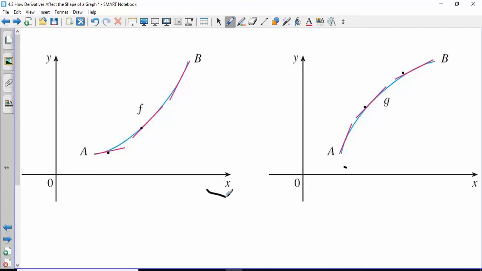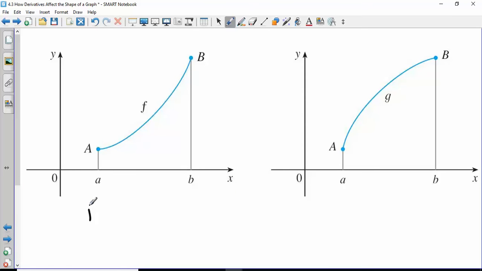Now if you look at the original graphs, what's the difference in the original curves? Just looking at the original, here I said the second derivative is positive, and this one the second derivative is negative. They're both increasing from A to B. The difference is the curvature of the graph.